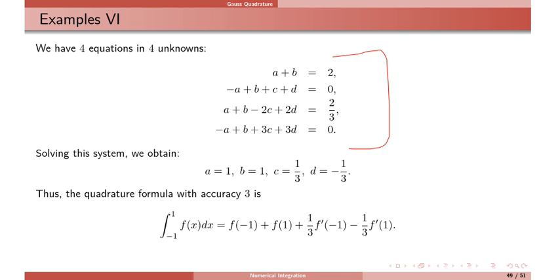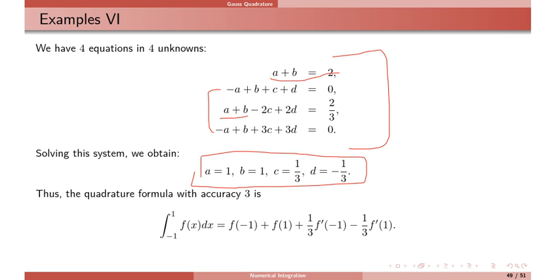So solve those equations for a, b, c, d. You may use Gauss elimination or whatever you want. But these are simple. The first equation says a plus b equal to 2. Subtract the 2nd and 4th, you got something. So by solving these equations, you got a equal to 1, b equal to 1, c equal to 1 by 3 and d equal to minus 1 by 3.